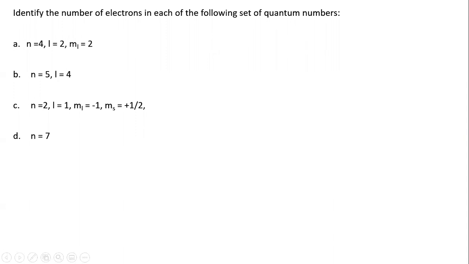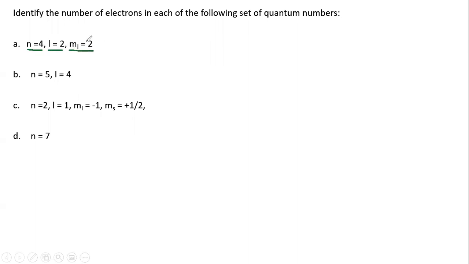So here we want to identify the number of electrons in each of the following sets of quantum numbers. So for A, we have n equal 4, L equal 2, m sub L equal 2.